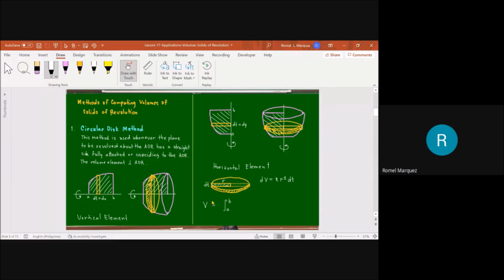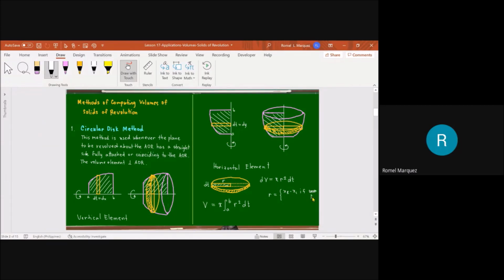And that will be the limits for the volume, no? Pi, I can put that out because that is a constant. Integral of pi r squared dt, where r is either x right minus x left, or y higher minus y lower. So if you use a horizontal element, okay?